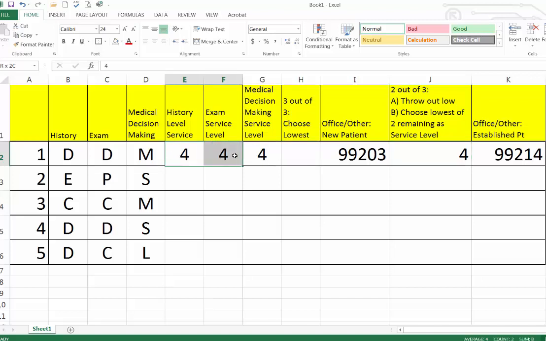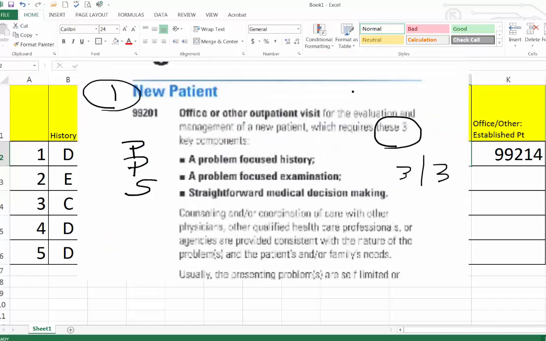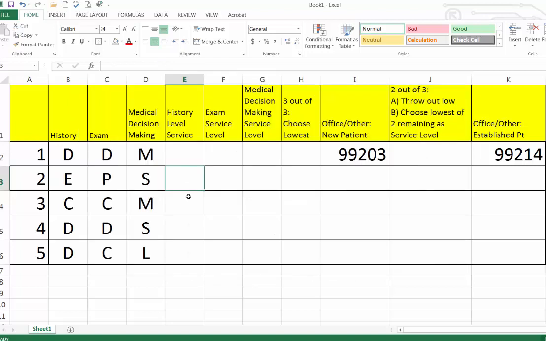Okay, so let's look at some other examples. So let us say new patient in the office, and we have an expanded problem-focused history, a problem-focused exam, and straightforward medical decision making.